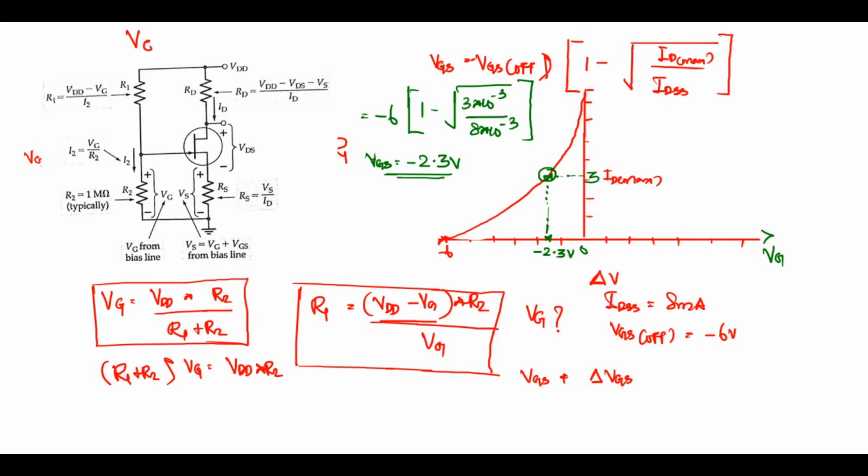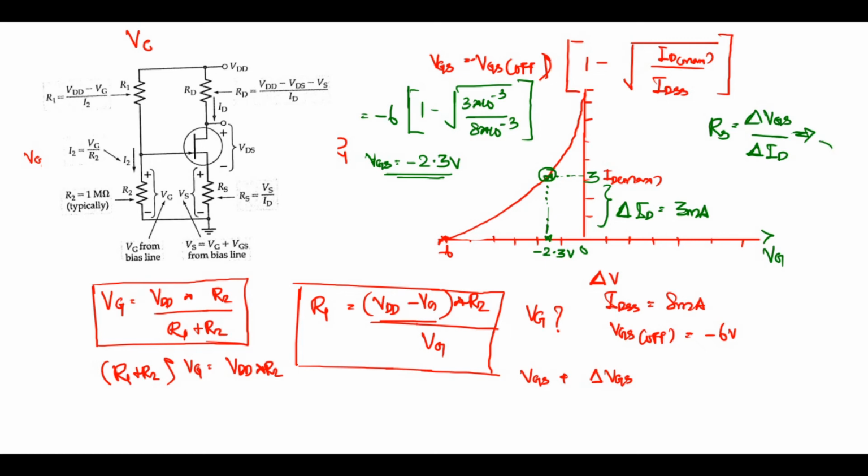Now we are going to calculate del VGS. As the formula goes like this, Rs is equal to del VGS by del ID, and this is del ID, which is equal to 3 milliamps. We are going to calculate del VGS because we already know the value of Rs. So you can rewrite this equation in order to get del VGS.